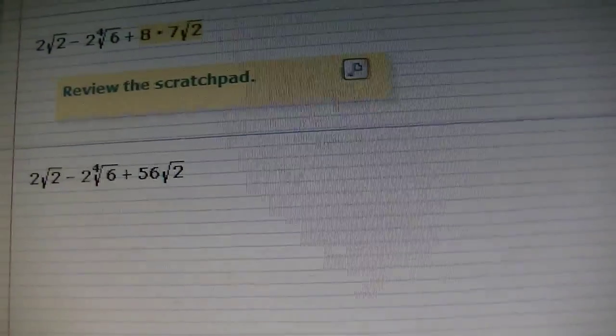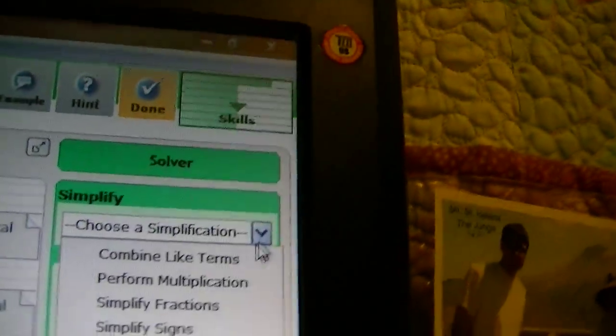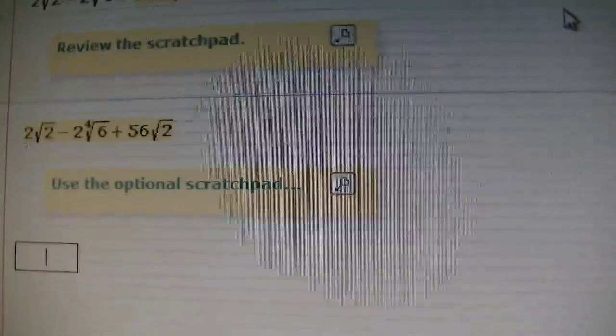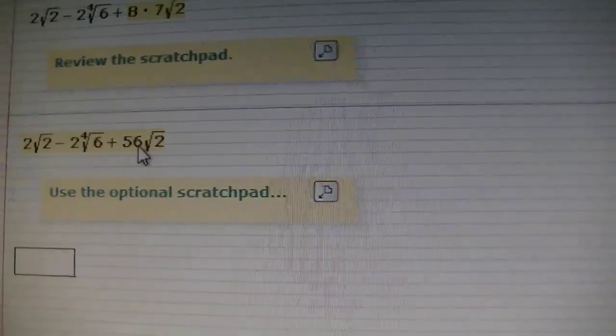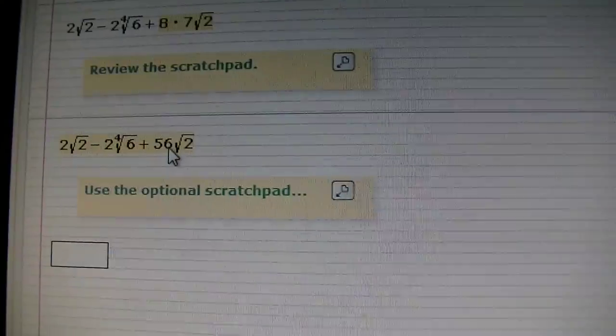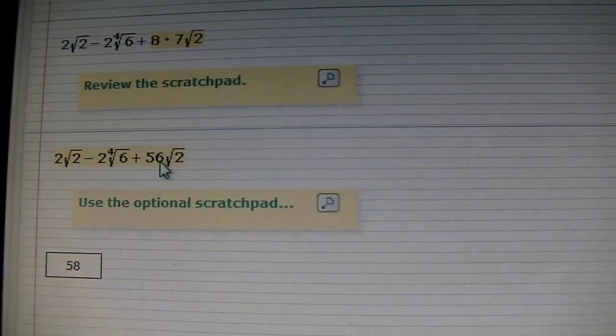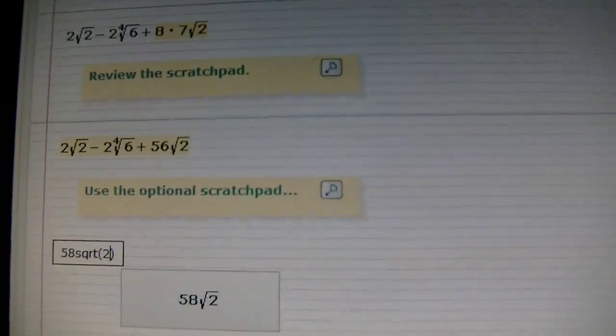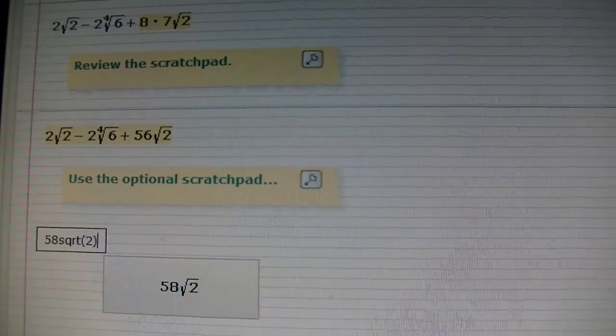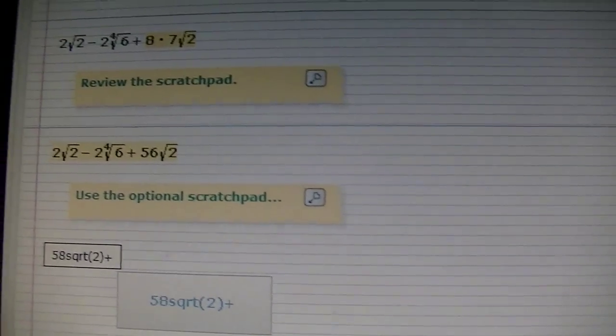So square root of 2 plus the square root of 2, I'm going to choose combine like terms up here. And I'm not going to use scratch pad. 2 square root of 2 plus 56 square root of 2. 2 plus 56 is 58. 58, and choose the square root 2, and then let's write the rest in. Make sure you get your plus sign outside of that parenthesis.